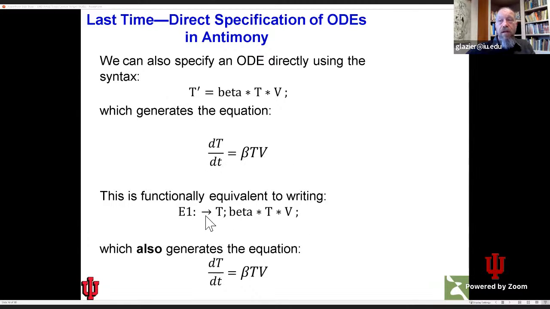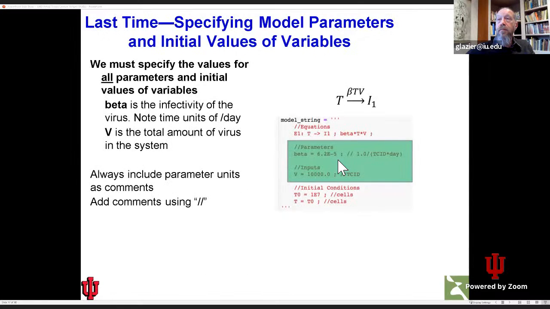That's equivalent to writing an arrow from nothing goes to T, semicolon, beta times T times V. It gives you the same result. It's important that we specify all parameter values. If you're missing a parameter value, you'll get an error. Variables typically default to 0, but you need to be a little bit careful about that. So it's better to specify initial values for everything.